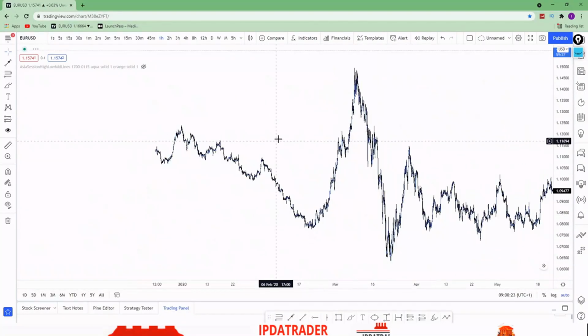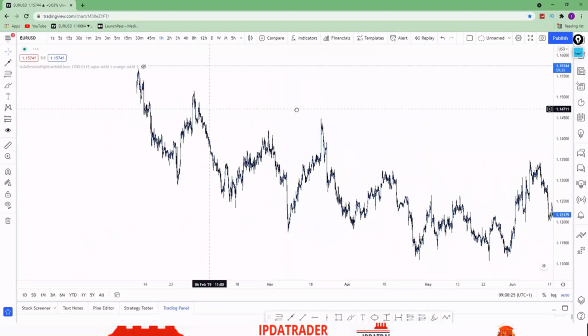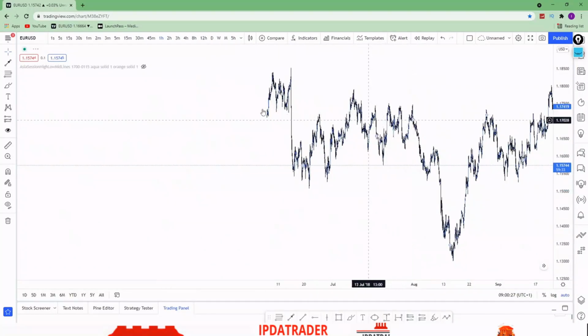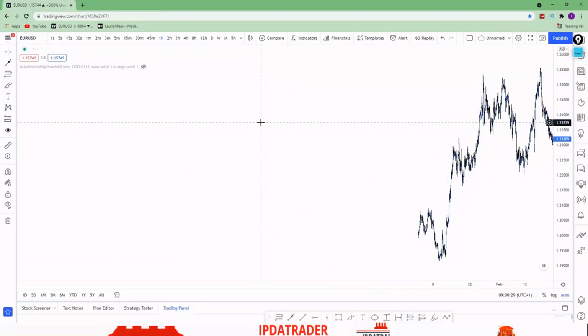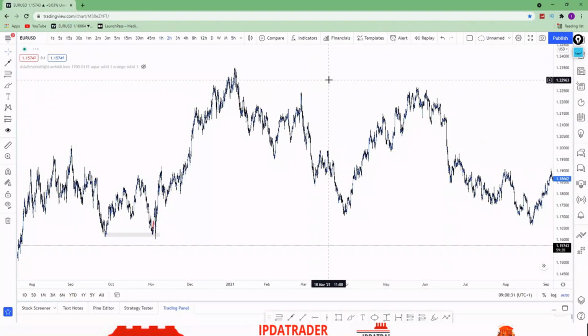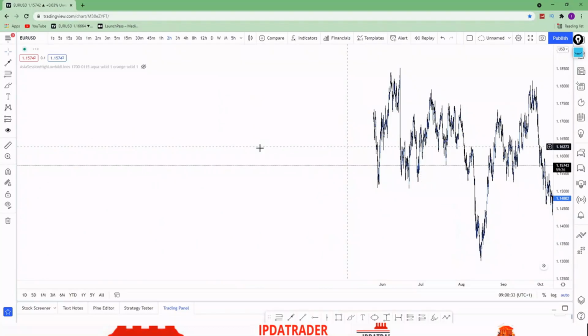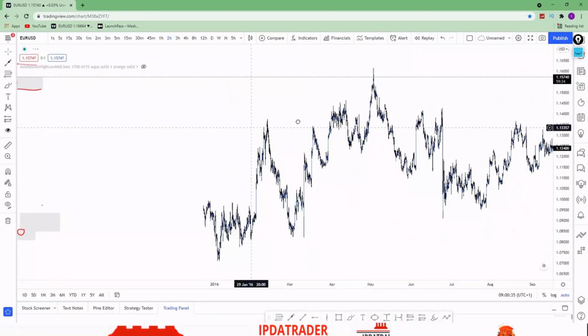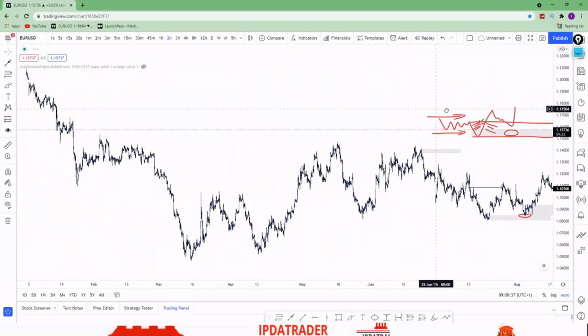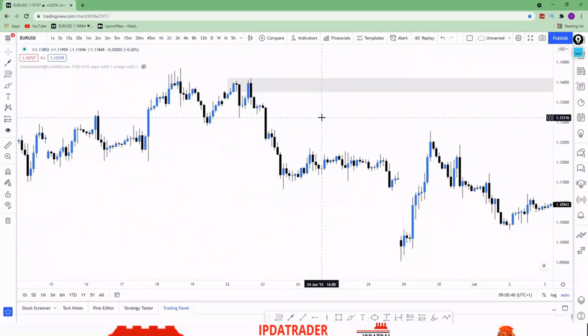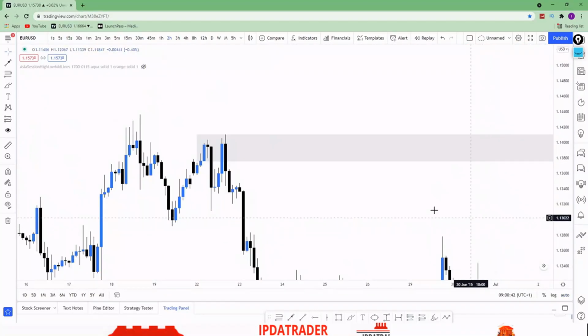So let me go back again one more time. Hopefully I can still look at the 1 hour time frame. Oh, I cannot. Maybe a 2 hour is going to be fine. Let's see. Yes, we can watch a 2 hour. So as you can see, the 2 hour order block is not offering us any refinement, right?